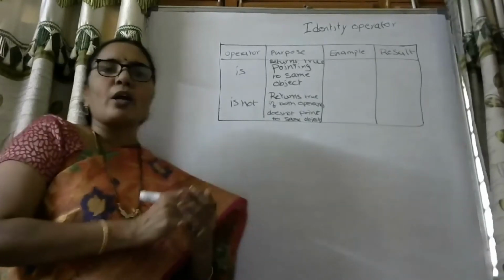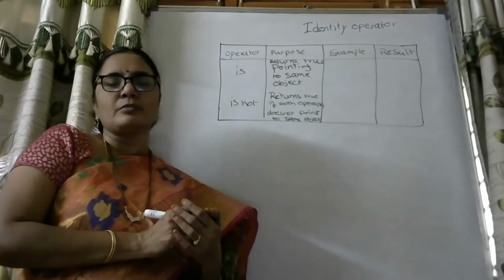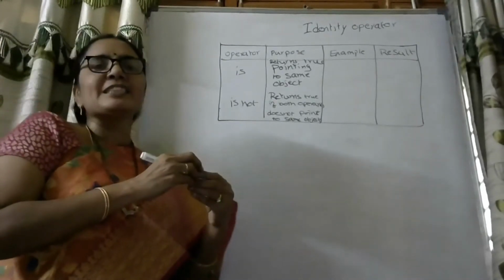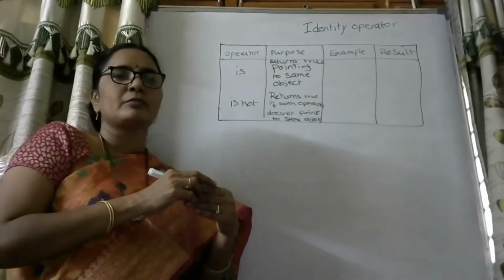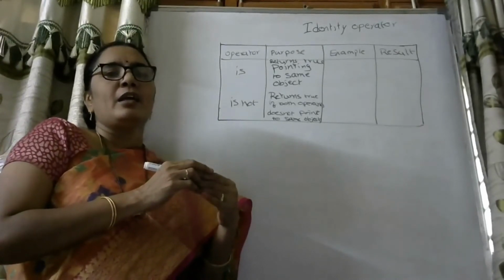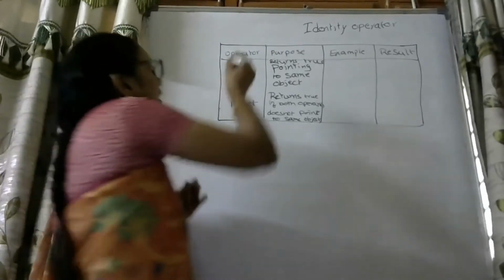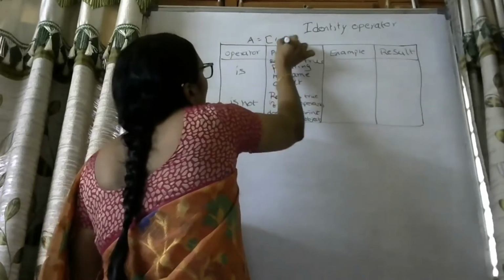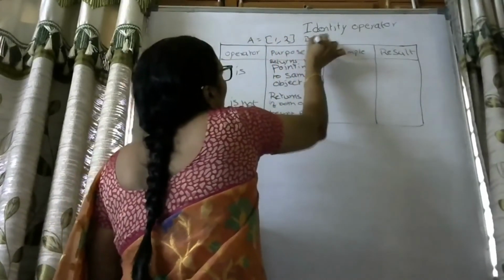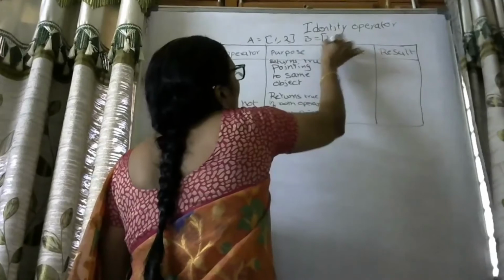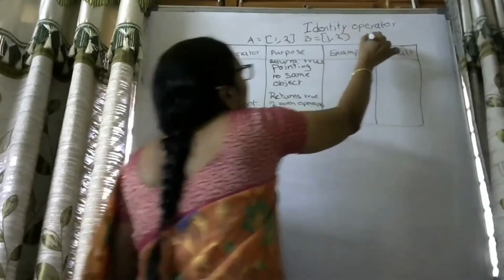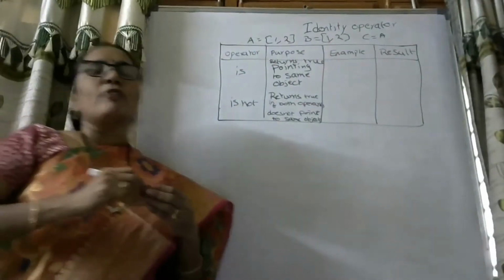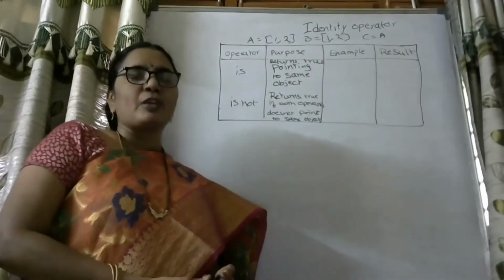In order to explain this concept, let us take three expressions, that is A is equal to [1, 2], B is equal to [1, 2], and C is equal to A. We have already discussed the list. What is a list?